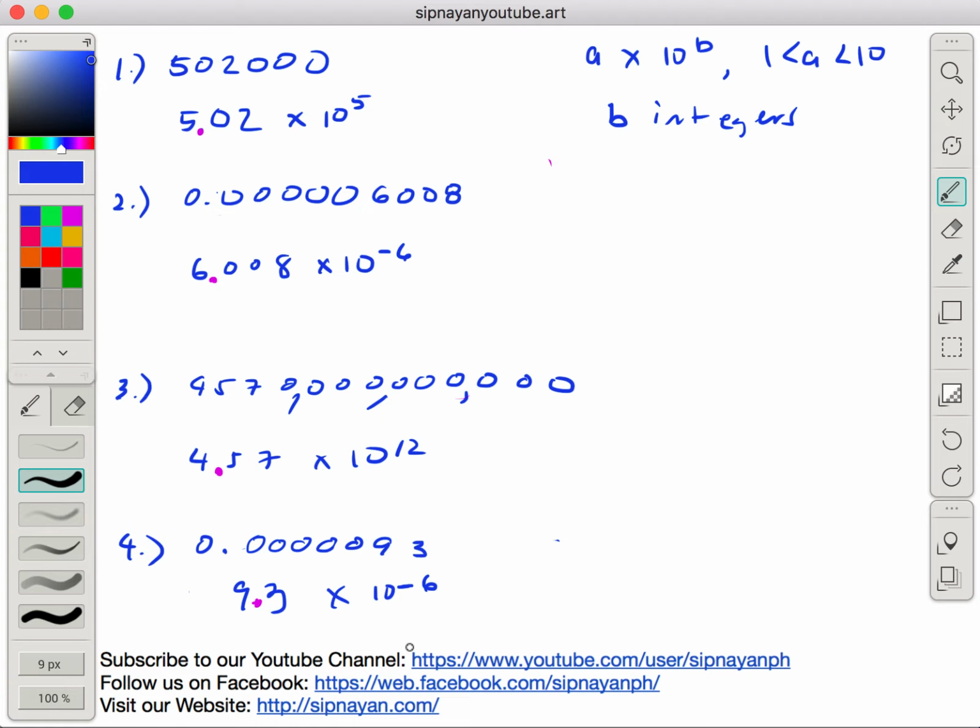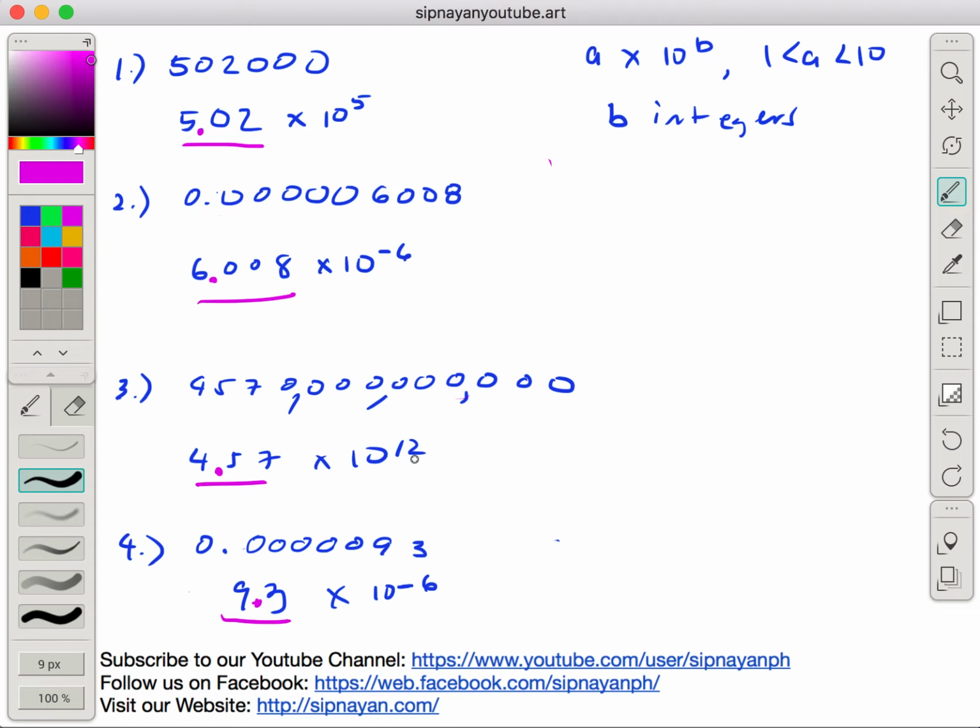So wag kayong malito. I think this is the last video on how to write the numbers in scientific notation. Tandaan nyo na saan ba tayo nanggagaling pag tayo nagmo-move ng decimal places. Ginagawa muna natin siyang A. Ito yung value ng A natin. Ito yung B natin, yung mga exponents.